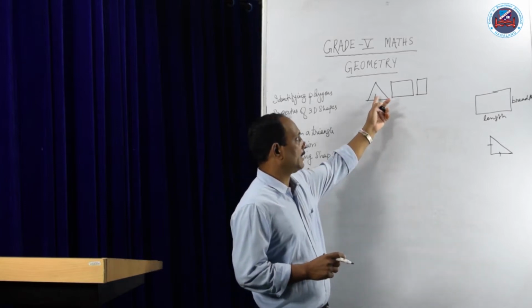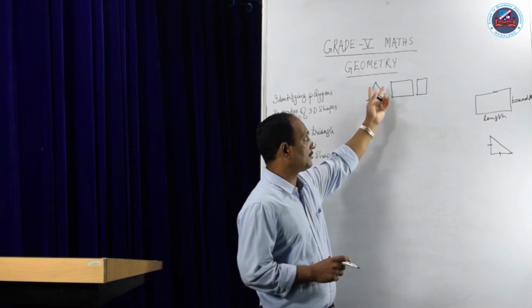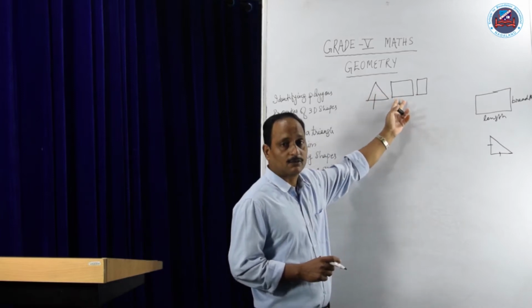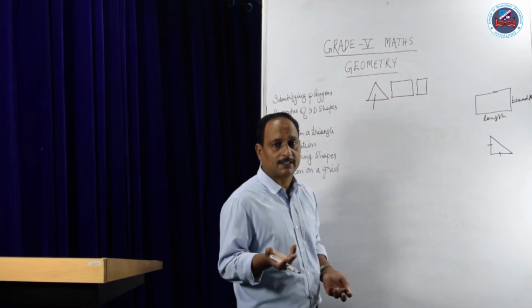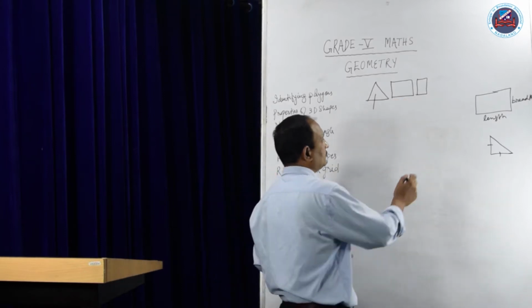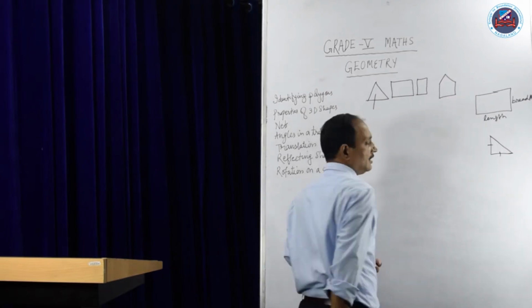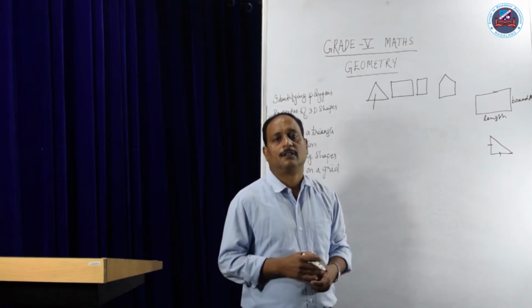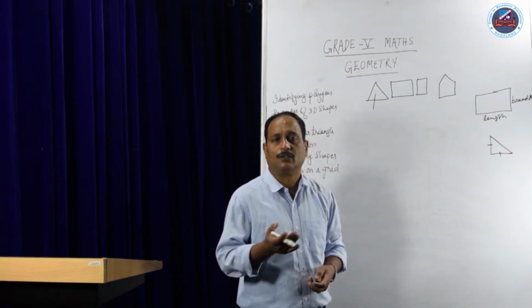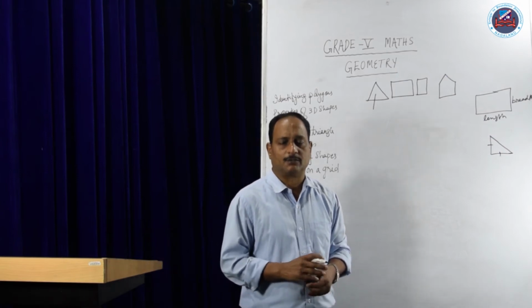And in triangle, side, side, side. Here it starts with three sides, here four sides. Quadrilaterals all have four sides. Five sides means pentagon. 1, 2, 3, 4, 5. Hexagon, octagon, decagon. All these are the names according to the number of sides. You can refer in the text.